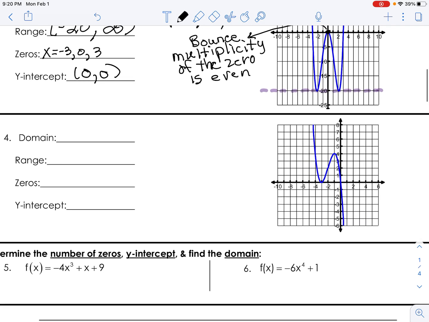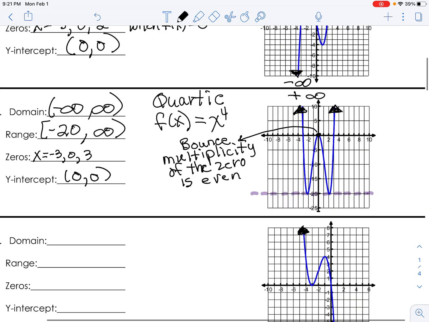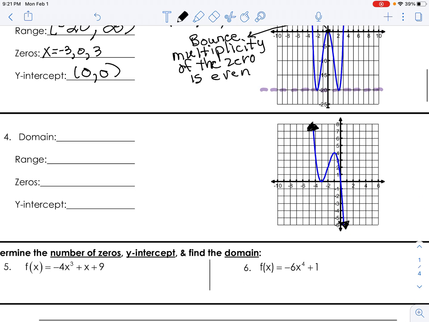Okay, let's look at the next graph. Now again, look at this polynomial. The ends of the graph point in opposite directions, as opposed to the quartic, where the ends of the graph pointed in the same direction. This is again a variation of the cubic function.